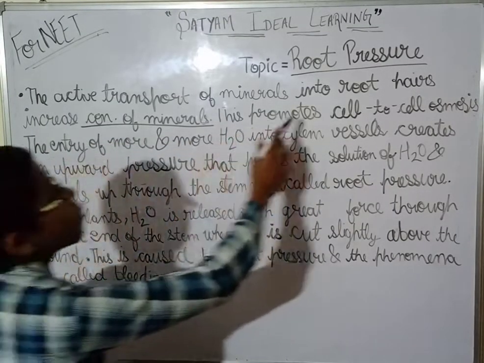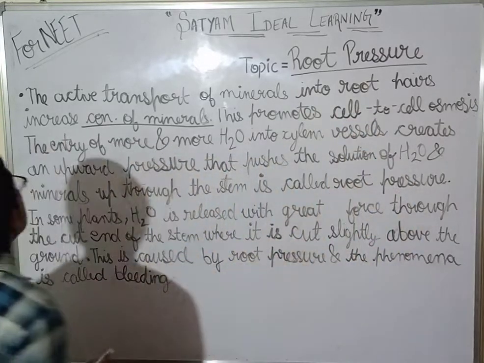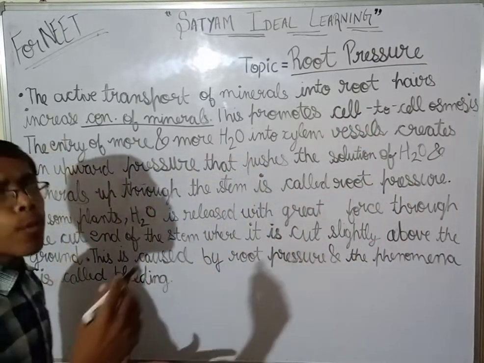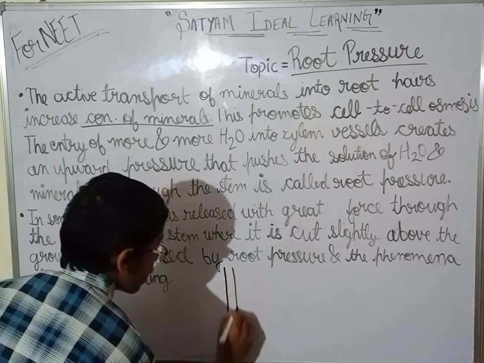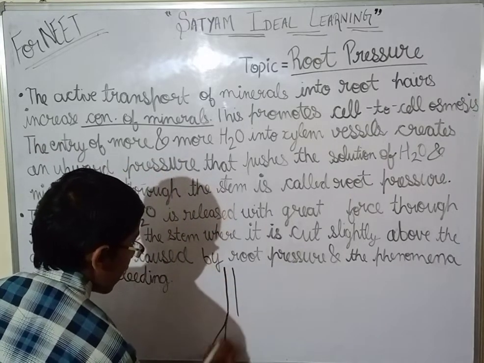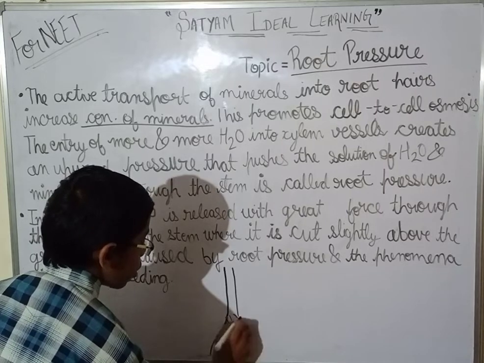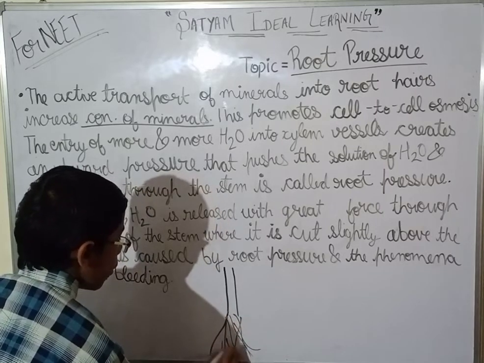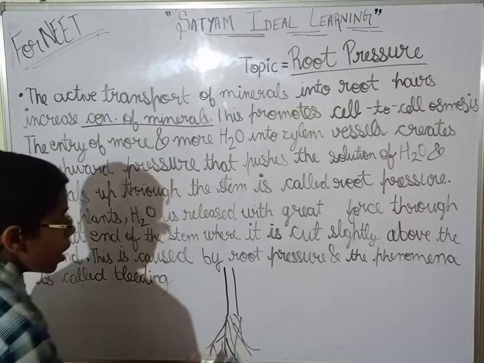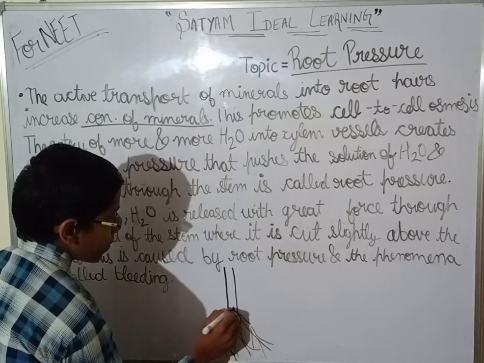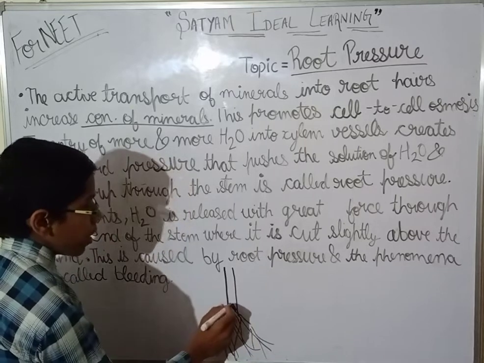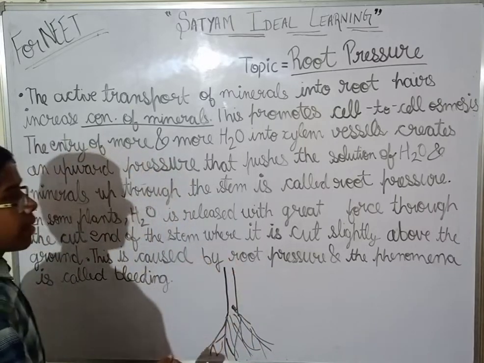So this promotes cell to cell osmosis and the entry of more and more H2O. Like this is a xylem vessel and these are roots. The water is coming from there, and now it has come there.